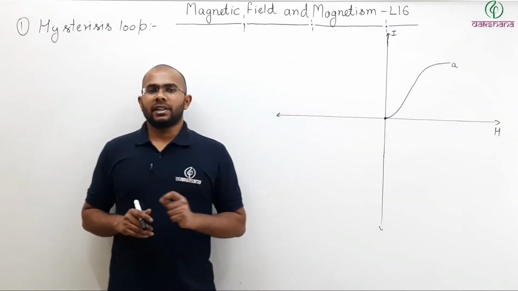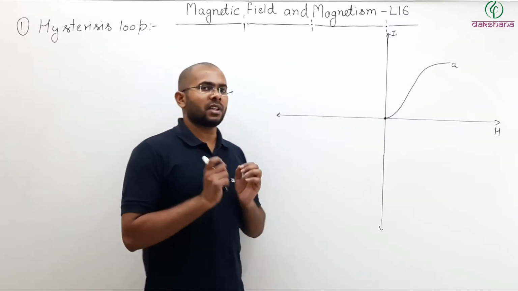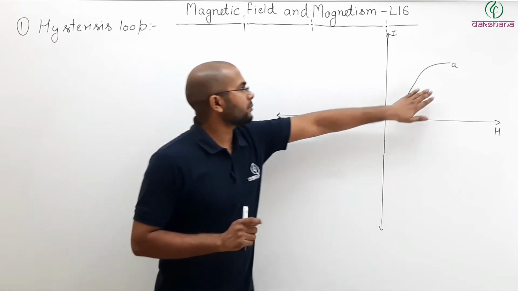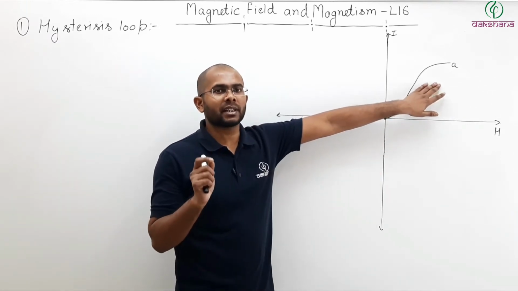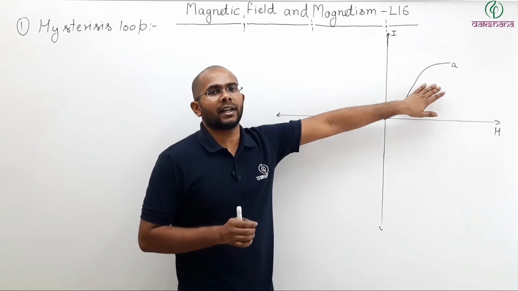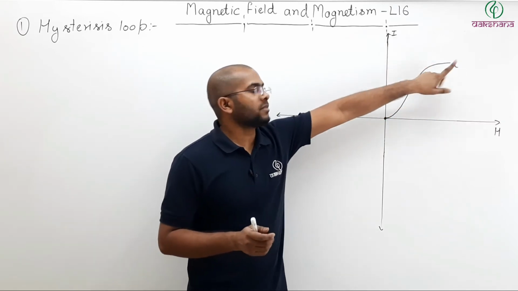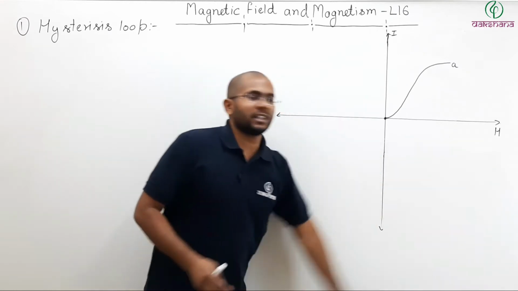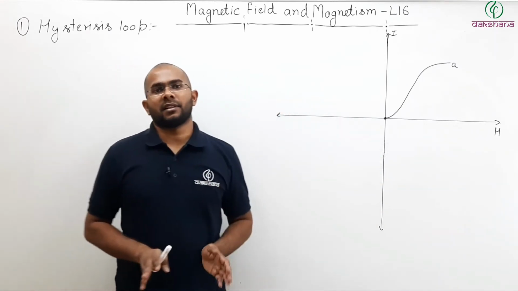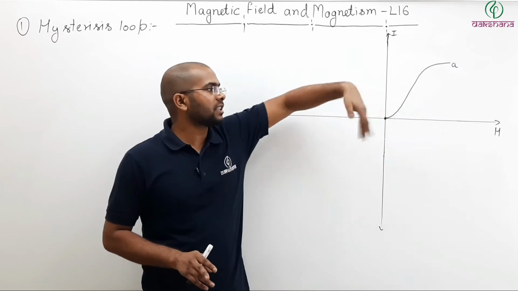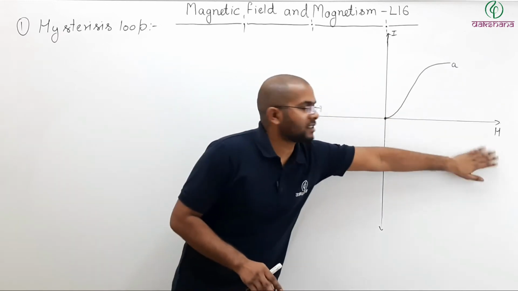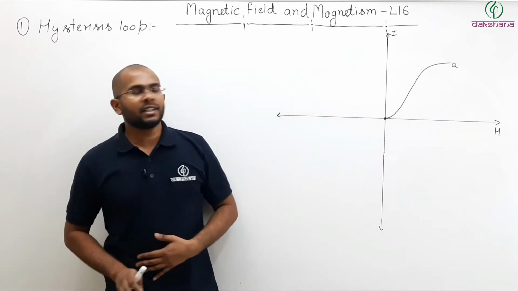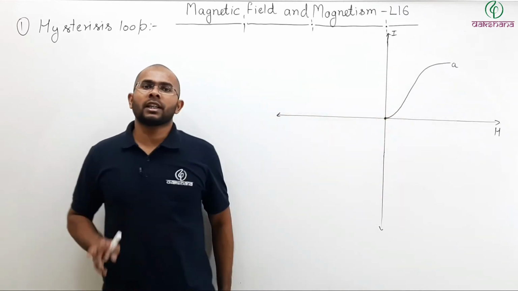Now that we have seen that after some certain current, your ferromagnetic material which is placed inside the solenoid, magnetization will become saturated, and beyond that the effect of increasing current will be negligible. Meaning if you go on increasing current, magnetic intensity will go on increasing, but your magnetization will not increase.